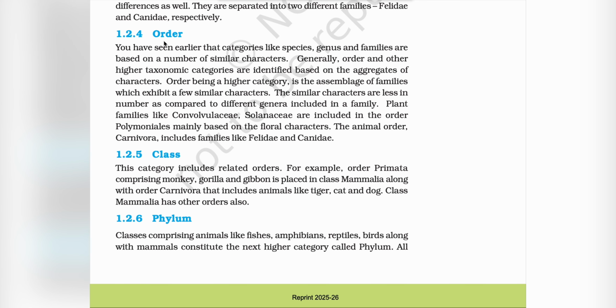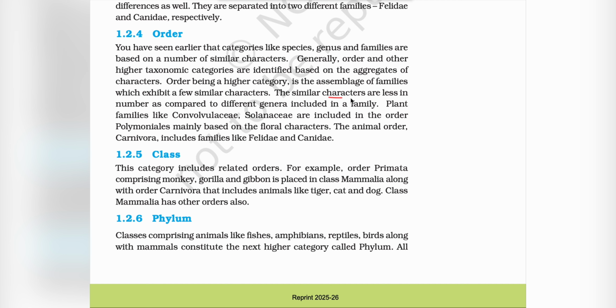Next taxonomic category is order. You have seen earlier that categories like species, genus and families are based on a number of similar characters. Generally, order and other higher taxonomic categories are identified based on the aggregates of characters. Order, being a higher category, is the assemblage of families which exhibit a few similar characters.